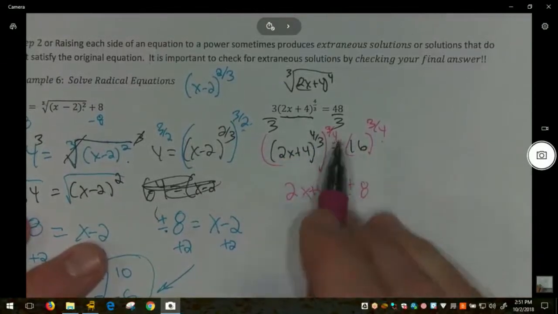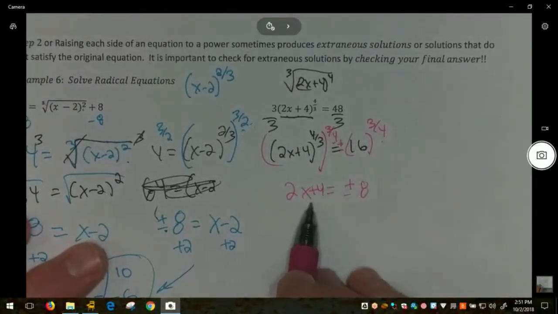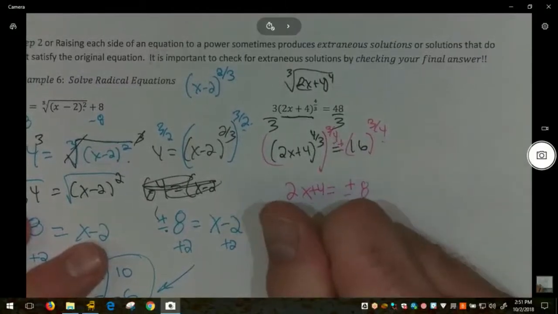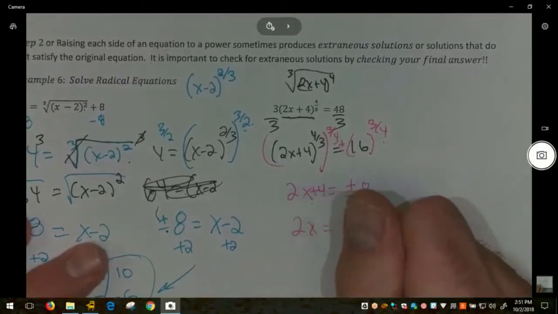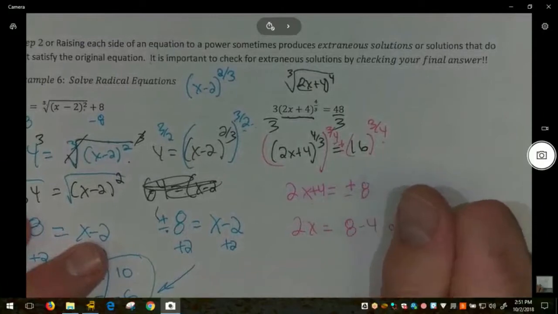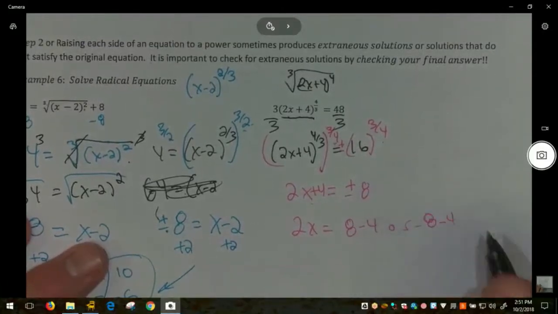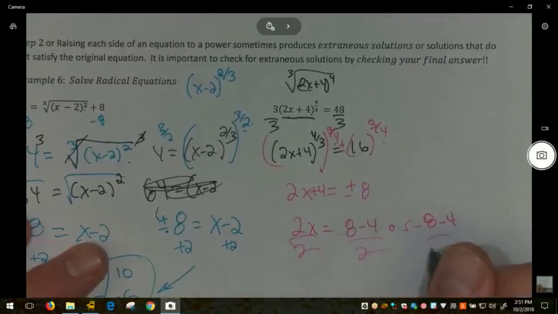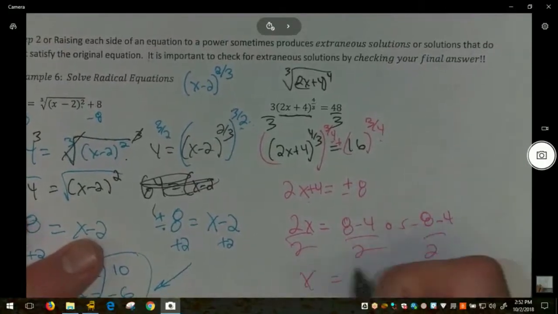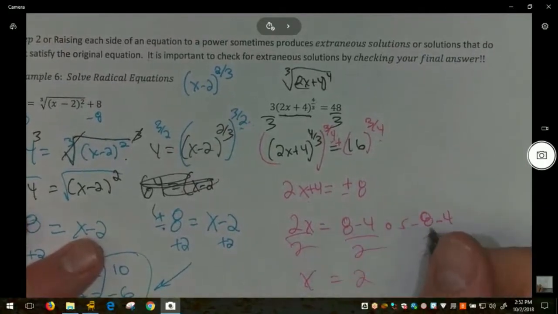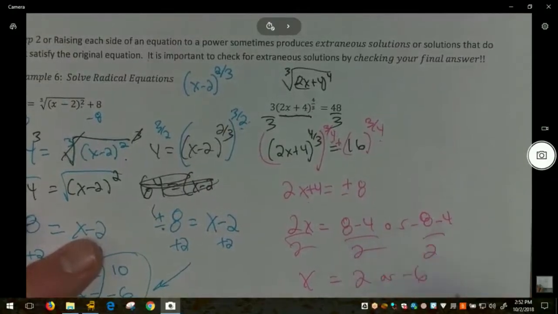That becomes 12 over 12, which is an exponent of 1, so it's just 2x plus 4. I'm going to subtract 4 from both sides, so I have 8 minus 4, or negative 8 minus 4. Then I'm going to divide both of those by 2. So x equals 4/2, or negative 12/2.